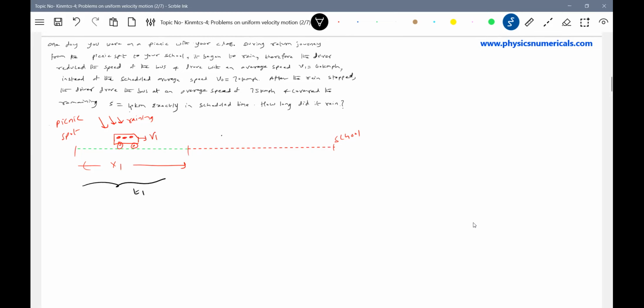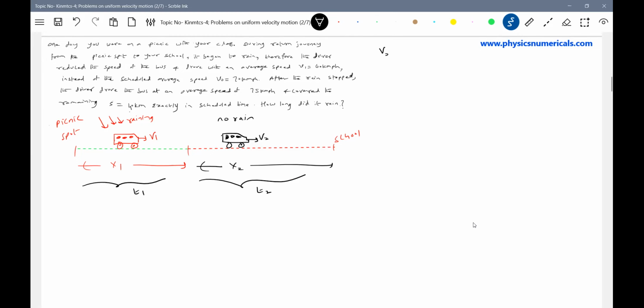Then next again, no rain. The bus will move with an average speed of V2. Okay, this is V2, and it will cover a distance X2 in an interval of time T2.